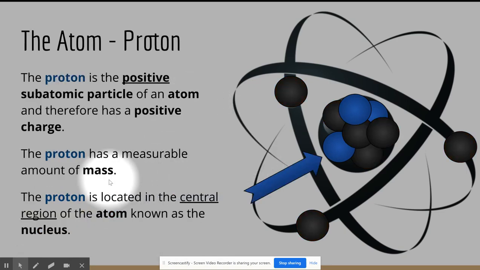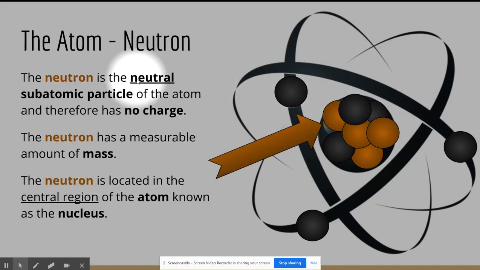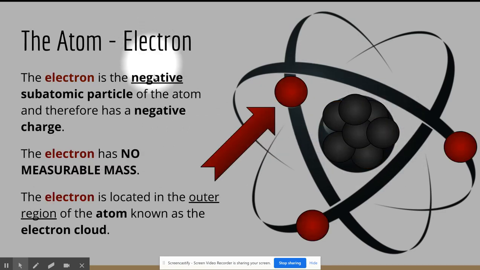Protons have mass, and they're positive. They hang out in the middle, known as the nucleus. Neutrons, these guys are neutral. They have no charge, but they do have a measurable amount of mass, and they hang out with the protons chilling in the middle here. Electrons, these are negative subatomic particles.